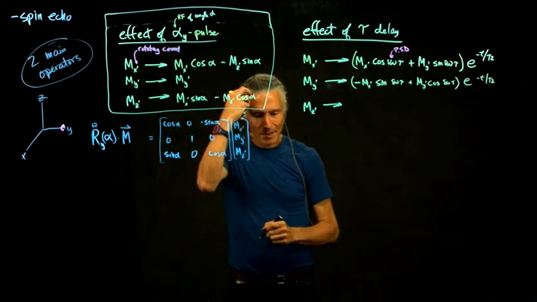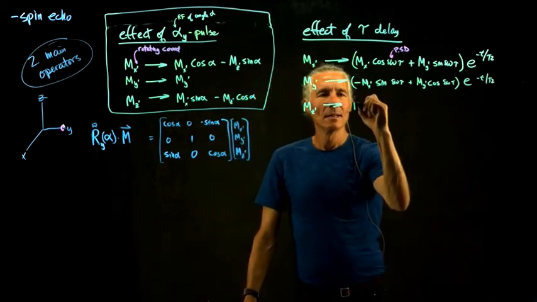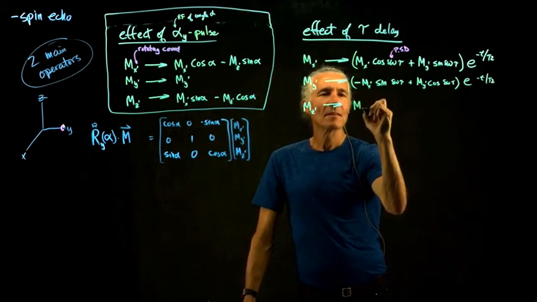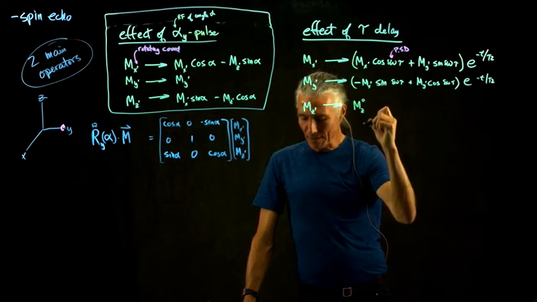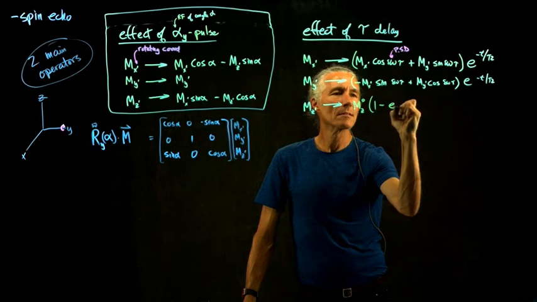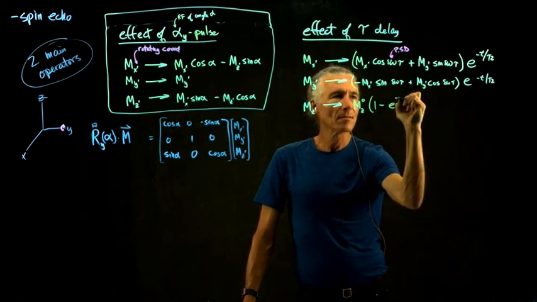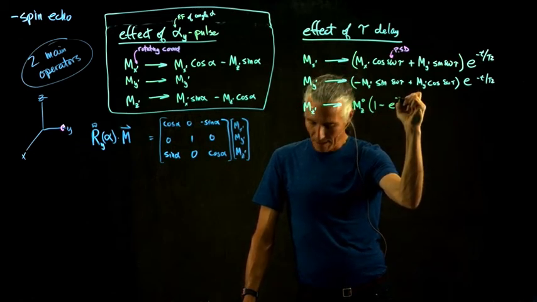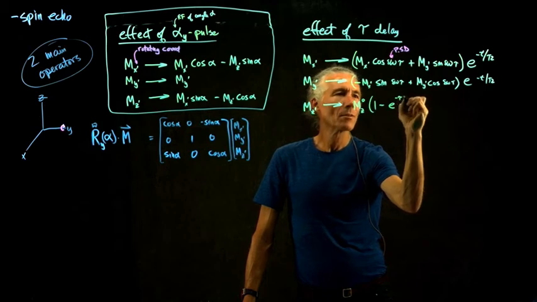And then the last one is the z component, and the z component has a different equation, the different Bloch equation. So minus tau over t1.